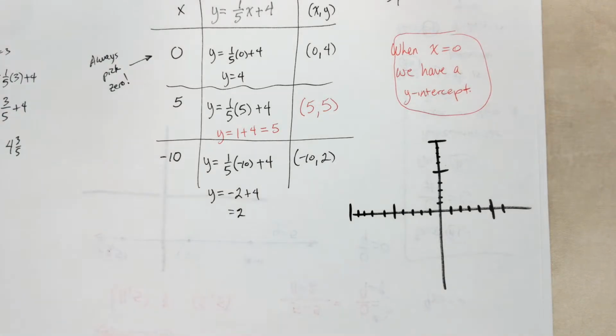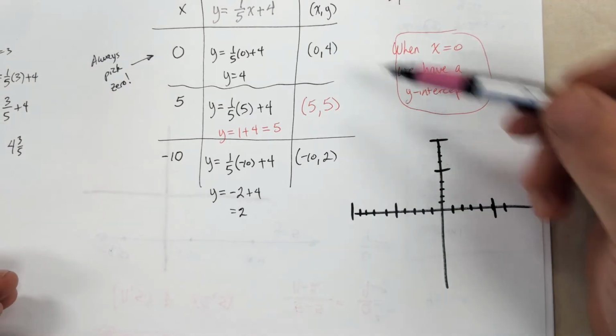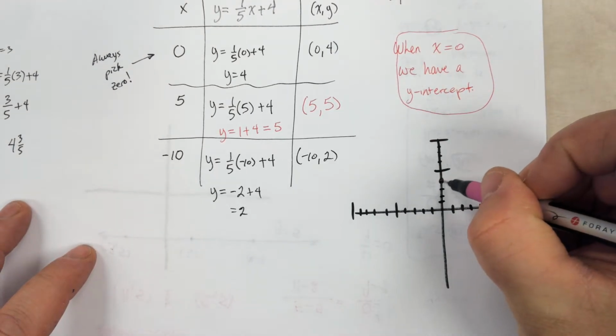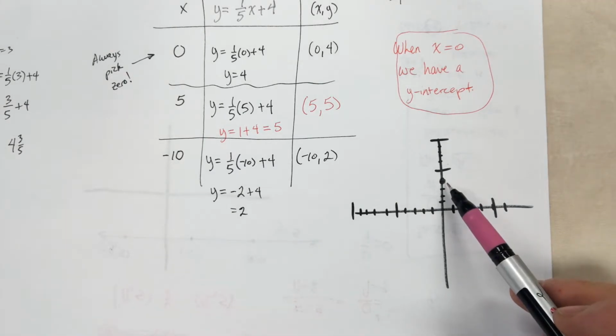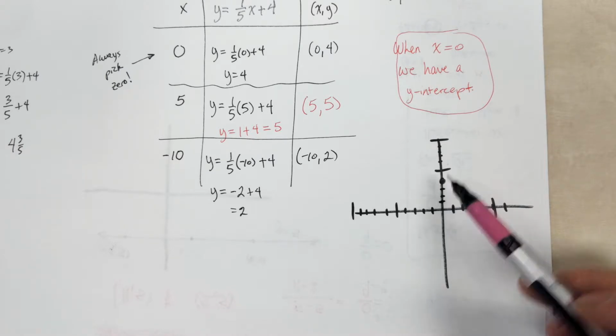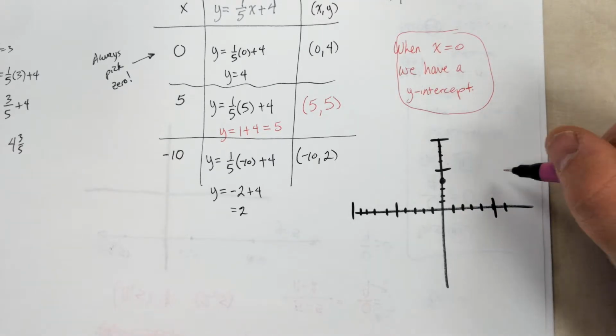Okay. So Ernesto, x is this way. It's the first number. So 0, 4 is right here. Yeah? 0, 4 is right there. Oh, yeah, it's y. The next one is 5, 5. That's 5 and 5 for each. That's like right here.